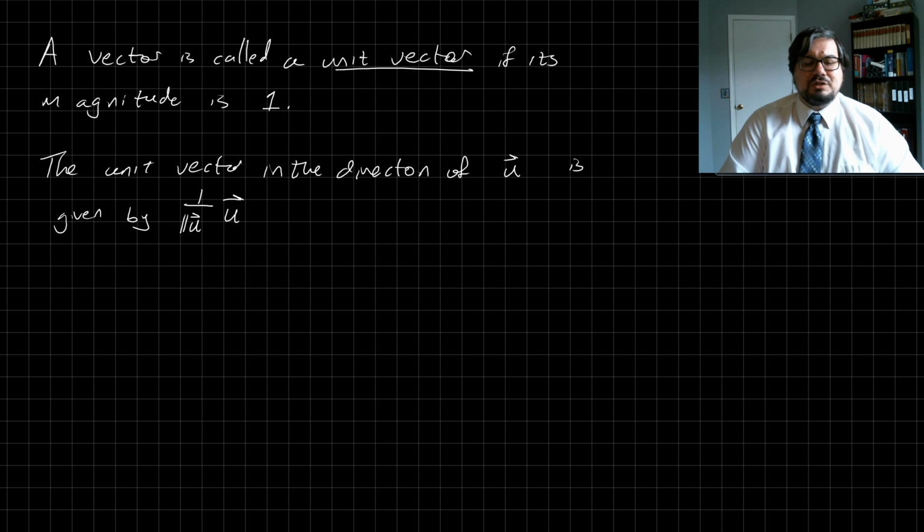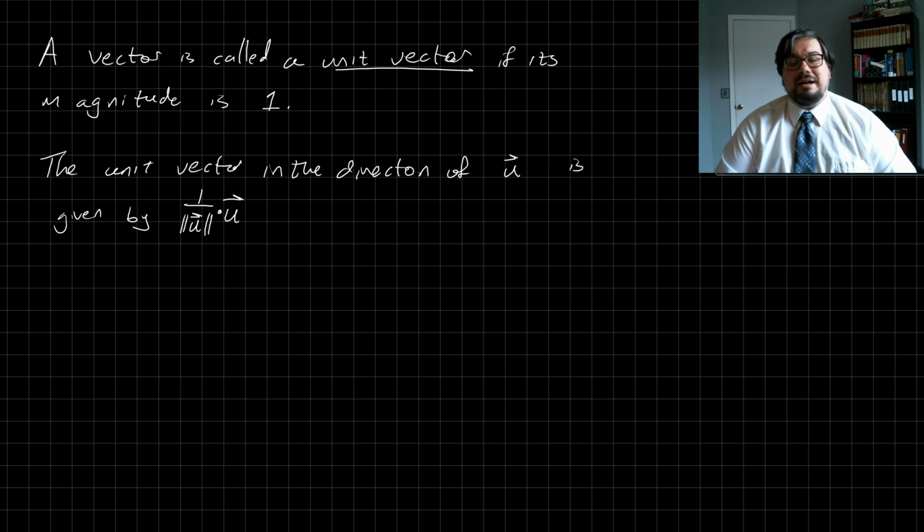Turns out what we want to do is take a scalar multiple of u where the multiple is the reciprocal of the magnitude of u. Because the vector 1 over the magnitude of u times u will be a vector in the direction of u, but its magnitude will be 1, because we're just dividing by what the length of u was to begin with.